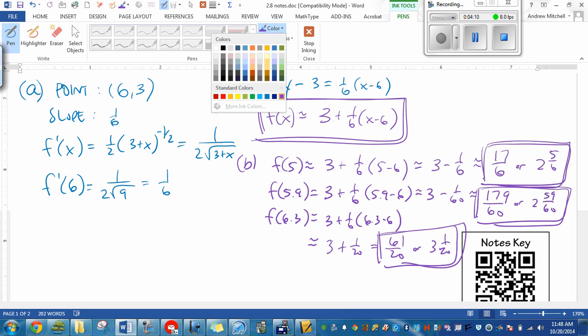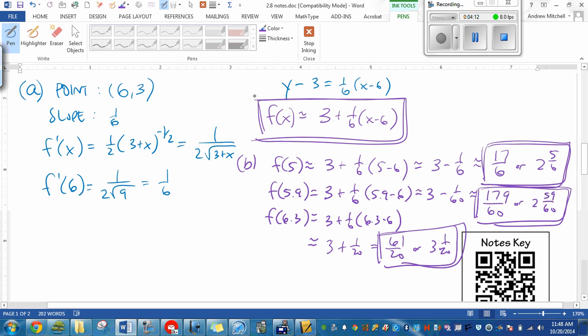Now the last part, part C in this problem, asks us to compare these to the real values. So let's figure out what f of 5, f of 5.9 and f of 6.3 actually equal. If we put those into the function, we're going to have square root of 8, square root of 8.9, and square root of 9.3.